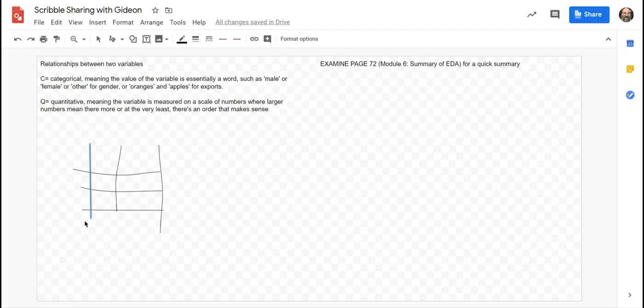So for the unhealthy mothers, the low health mothers, you'd have all the data of those births. And then for the moderately healthy, you'd have all the data of those births. And for the very healthy, you'd have all the data for those births. You'd be wanting to compare categorical to quantitative.